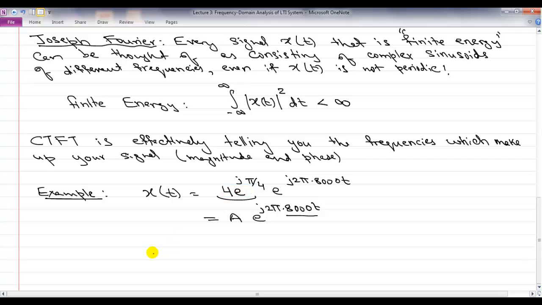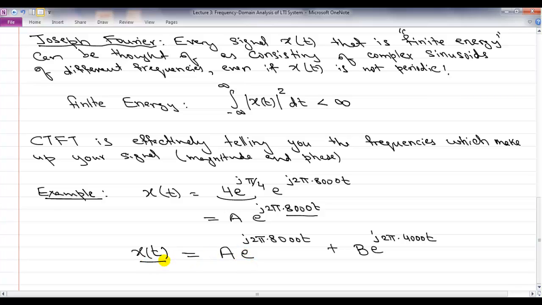Right? Now, while interpreting that is easy, I could now also give you, for example, two of these signals. I could say that my signal is made up of a e to the j 2 pi 8000 t plus another complex number b e to the j 2 pi 4000 t. Right?